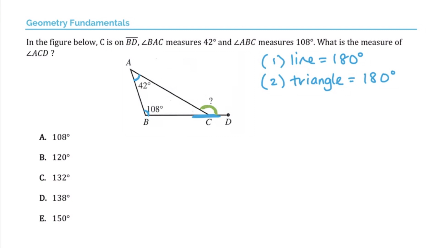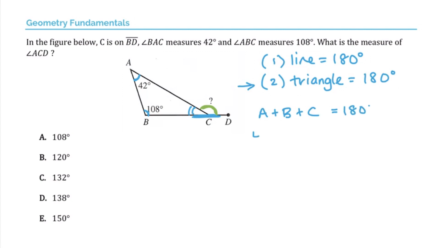So the first thing that we're going to do to solve this question is find what is this missing angle inside that triangle ABC. Because we know, of course, from rule number 2 that we just went over, that if we add the A plus B plus C that are all internal to that triangle together, it has to equal 180.